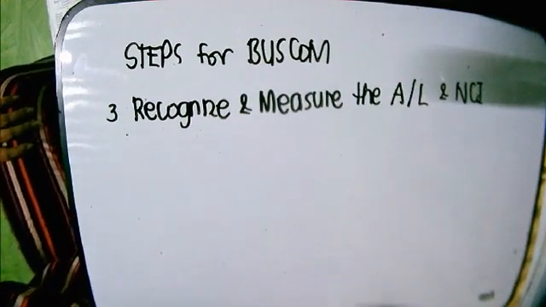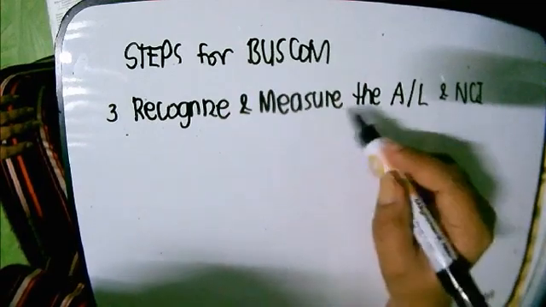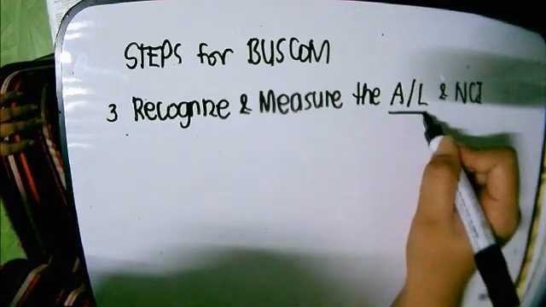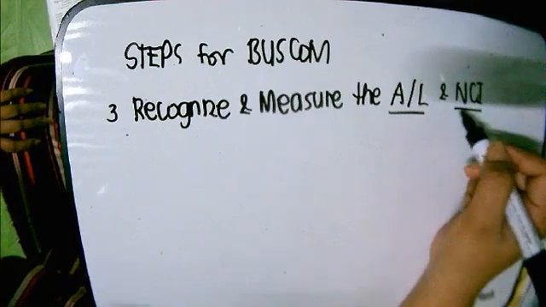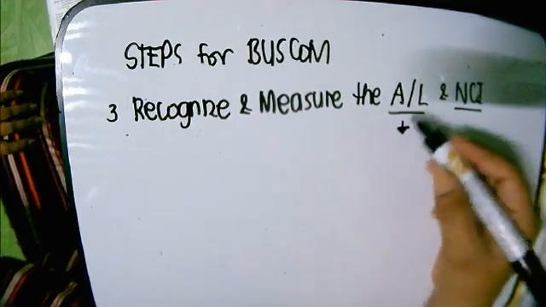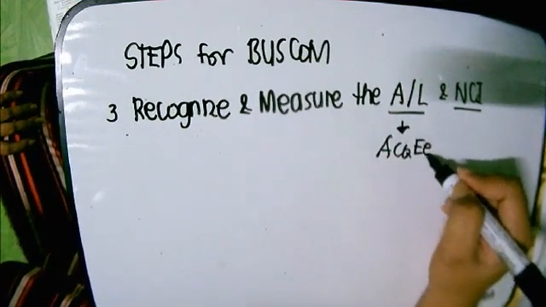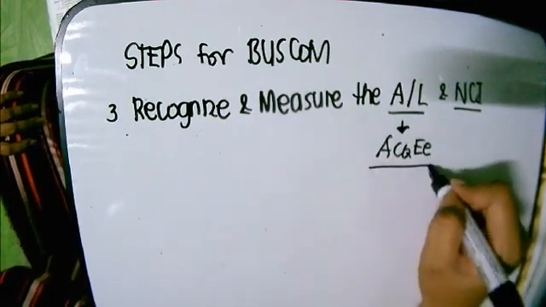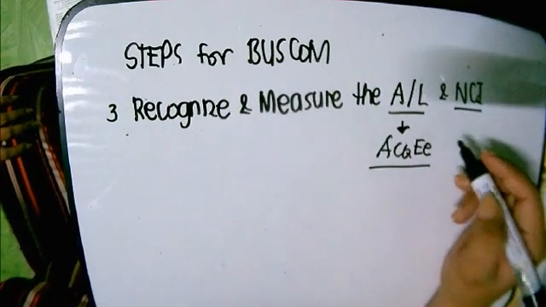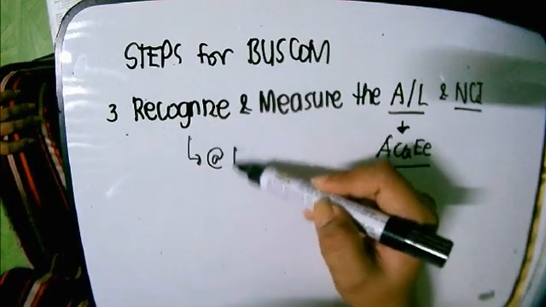Now again, itong recognize natin na mga assets, liabilities, and NCI, kanino ito? Sa part ito ni acquiree, yung binili, yung entity na binili. So again, these are measured at fair value.